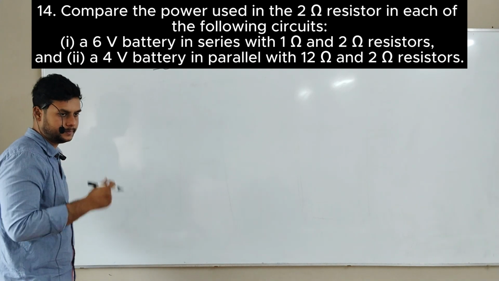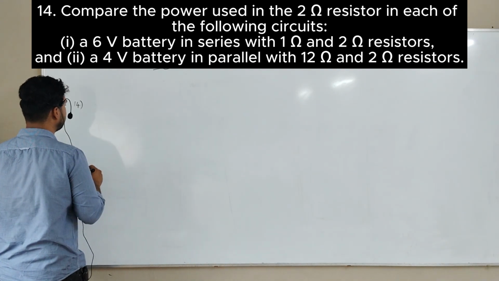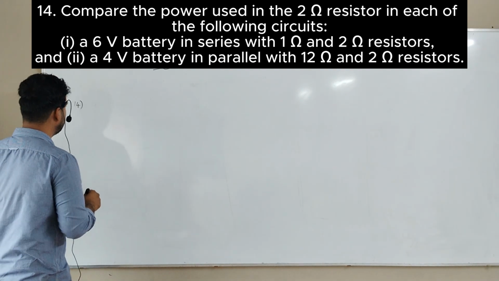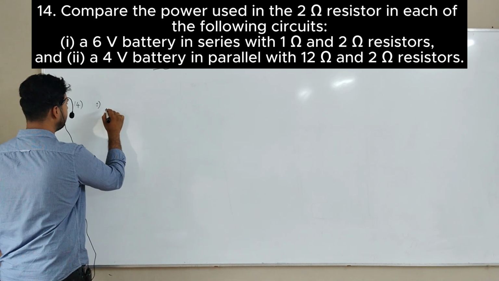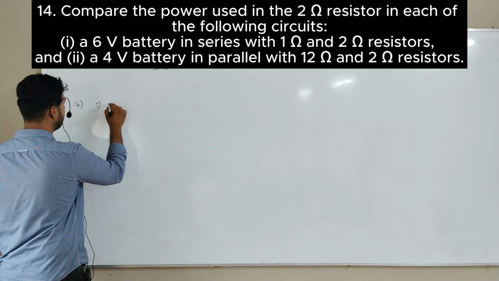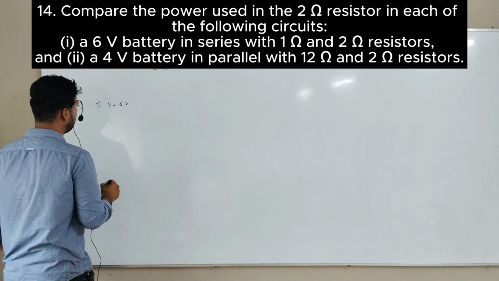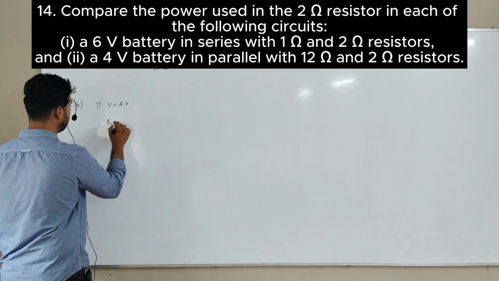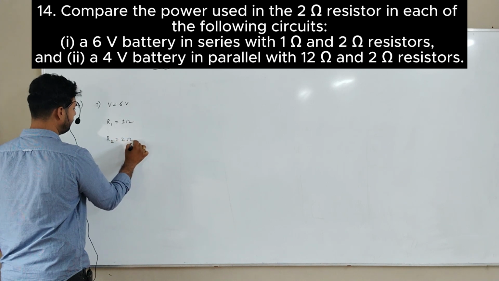Use the 2 ohm resistor in each of the following circuits. First one, a 6 volt battery in series with 1 ohm and 2 ohm resistance.